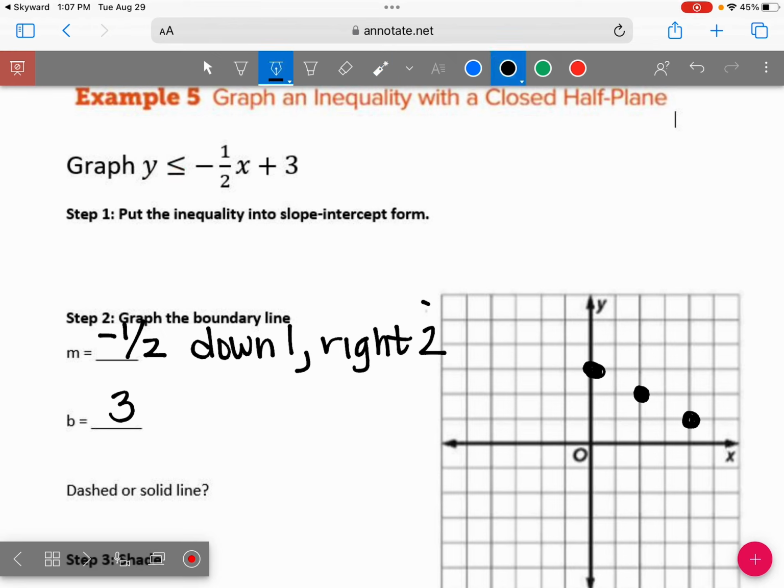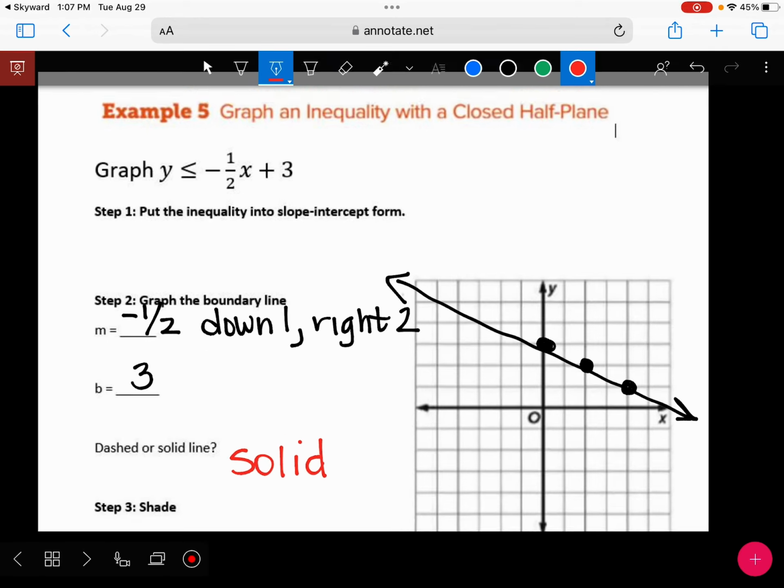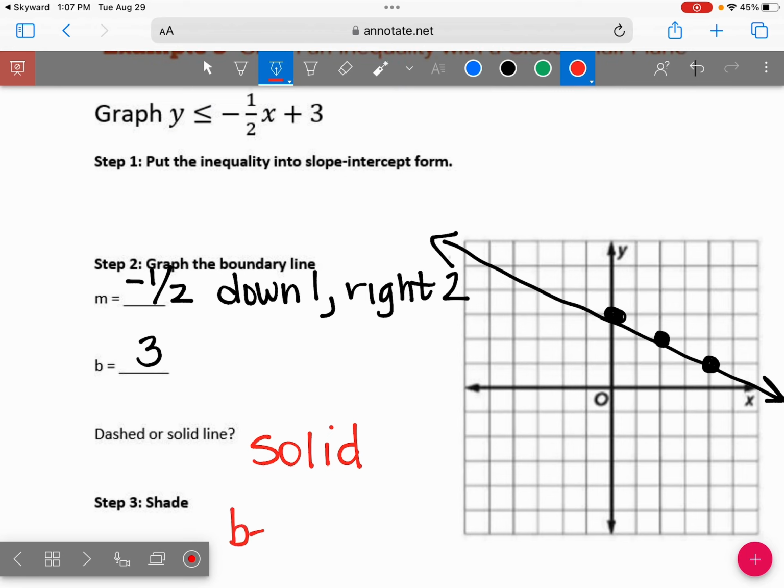You're going to draw a solid line going through your points. So this is a solid line. Now this says less than and equal to. So we're going to shade below.